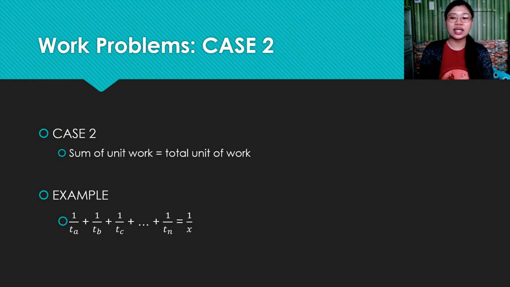That is the time wherein they can do the job alone. And then we have here X. That is the time that the workers, for example, here A, B, C, and N, can finish the job if they are working together or combined.